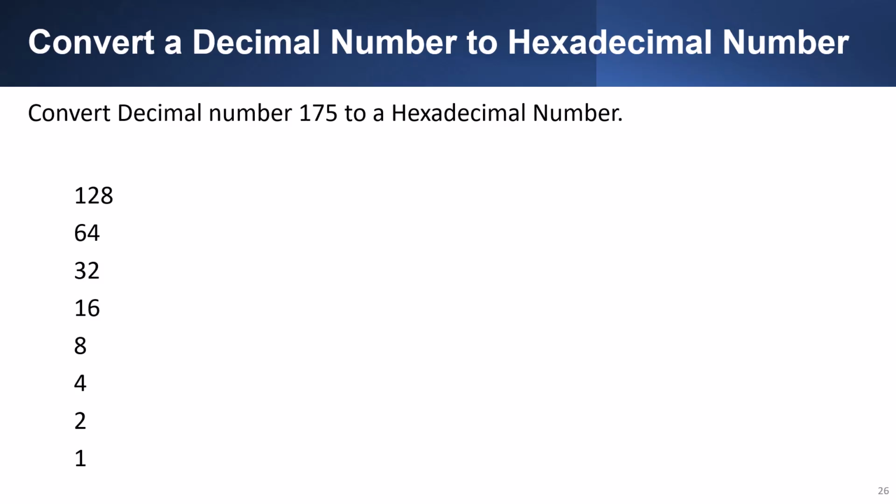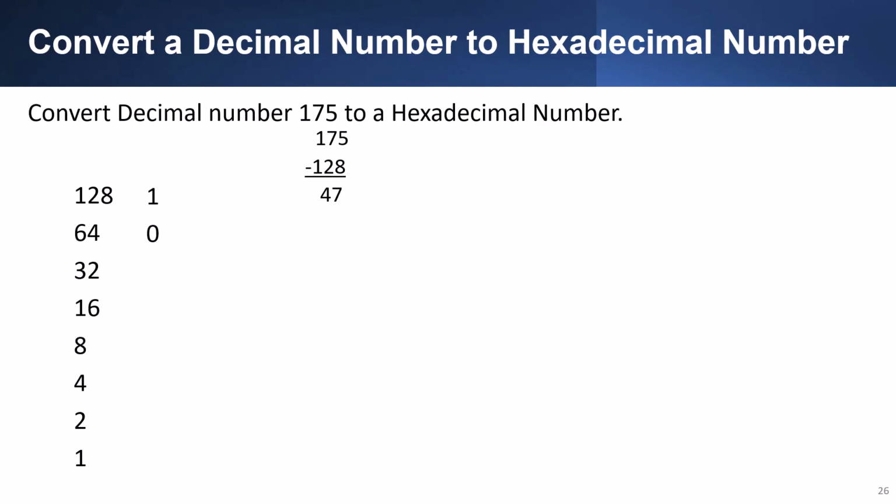Write down the 175 and ask yourself, can you subtract 128 from 175 and still have a non-negative number? Yes. So put a 1 next to the 128 and subtract 128 from 175. Next, can you subtract 64 from 47 and still have a non-negative number? No. Put a 0 next to 64.